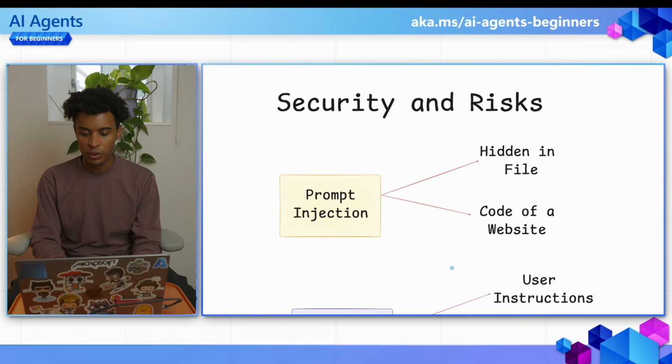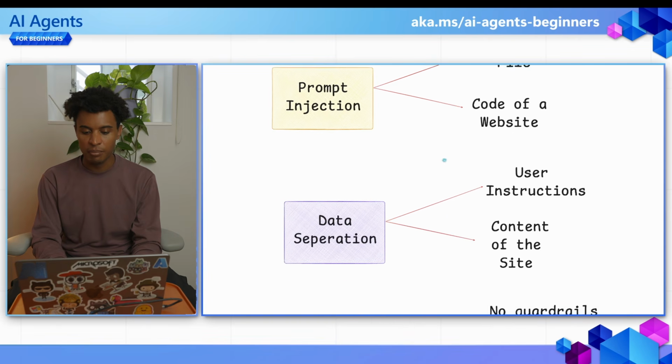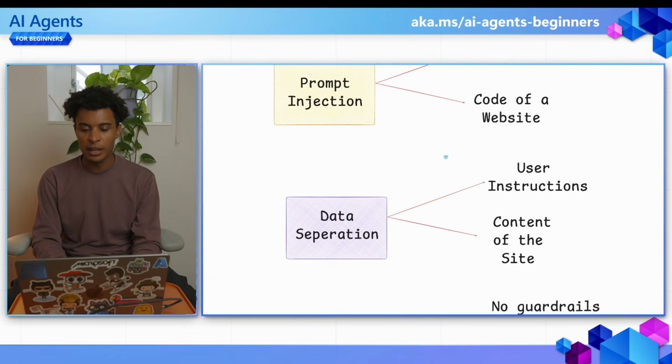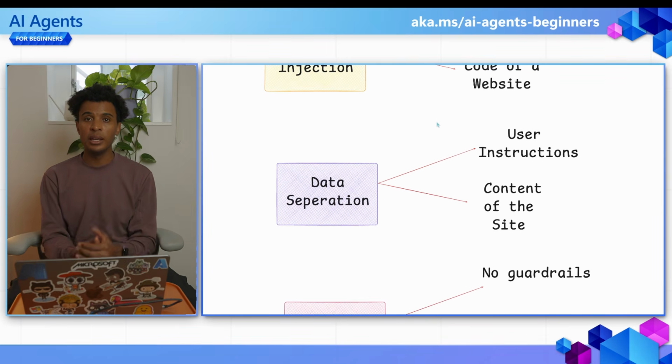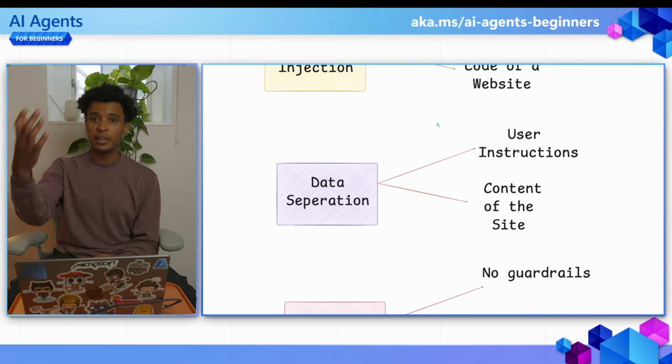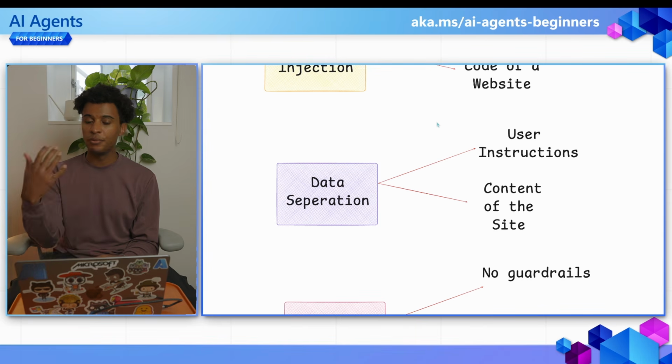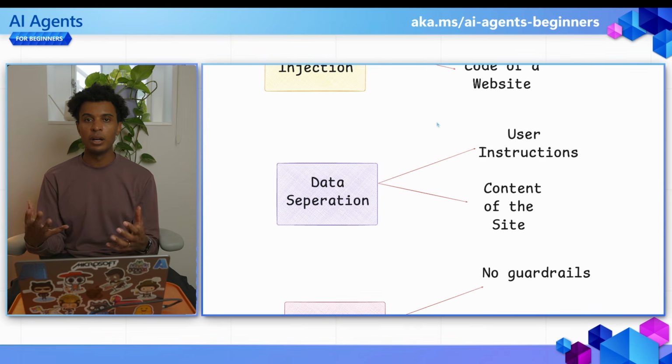But if we go into why that's a problem, it's this idea of data separation. There's not really much data separation when we're talking about using computer use agents. What I mean is that the data on these pages and files is combined with the user's instructions.